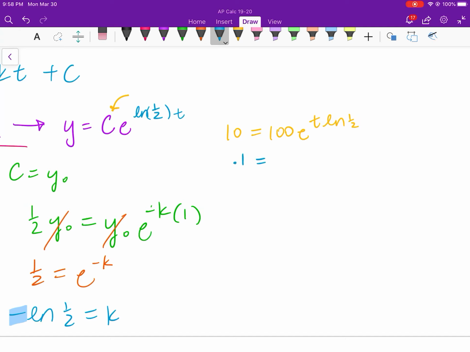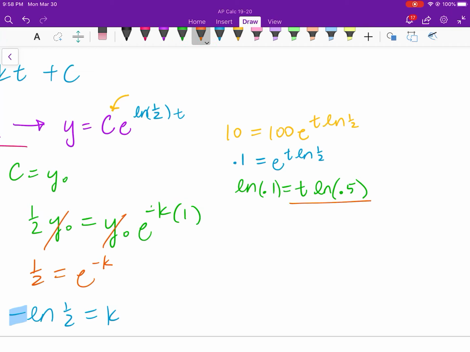So from here, we divide both sides by 100. We're left with just 10% of our initial amount. So 0.1 equals e to the t times the natural log of half. And we can log loop both sides from here. So we will have the natural log of 0.1 equaling t times the natural log of 0.5.